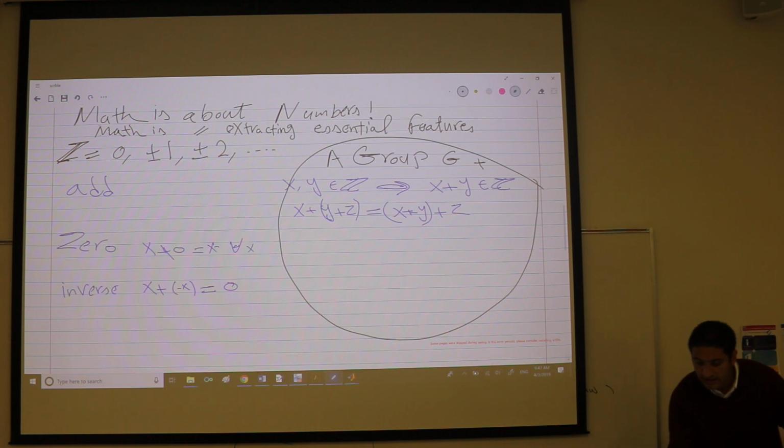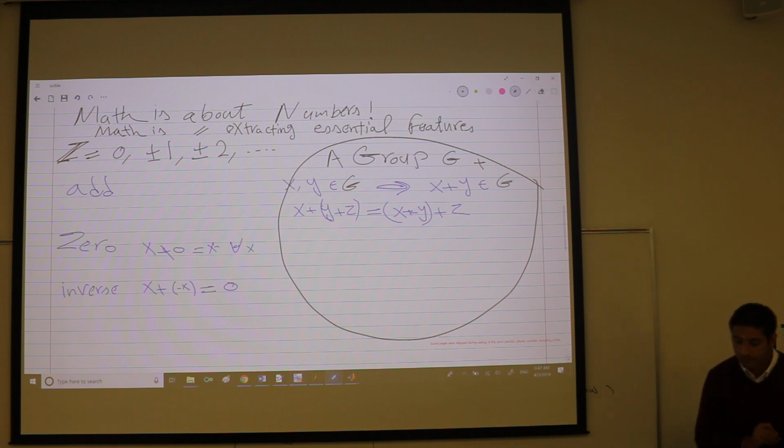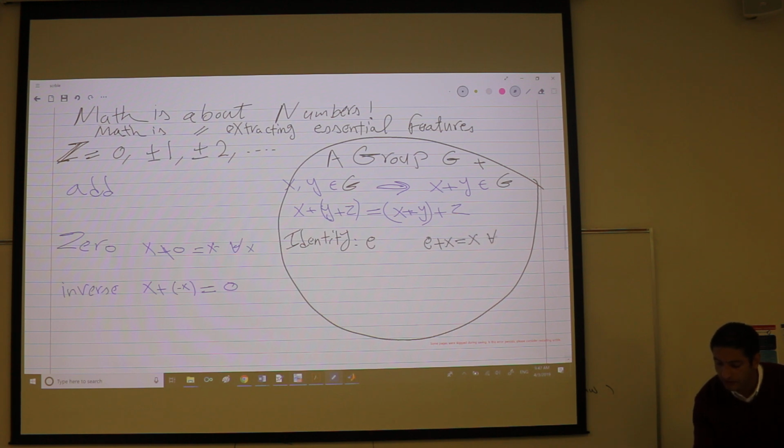If you add any two elements in the group, you get an element in the group. You have the associativity property, you have an identity element in the group, a very special element E, such that if you add E to any x, you get x back for all x in the group, right? You have the inverse element.